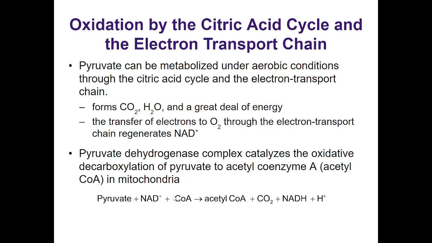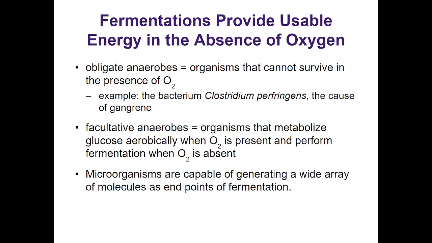So the pyruvate plus NAD+ plus coenzyme A yields acetyl-CoA, CO2, and NADH plus H+. Note this is typically considered as a pre-reaction before the citric acid cycle, okay? So this will be the one that gets you into it eventually.